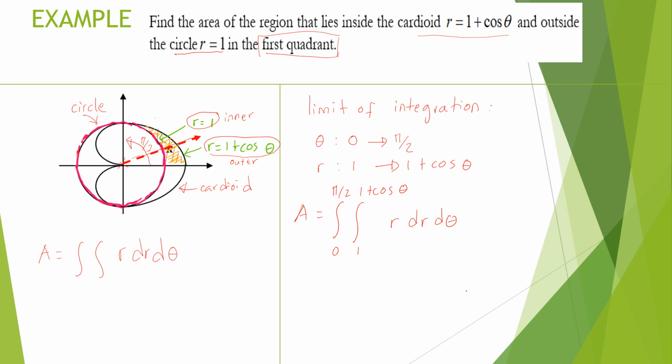Now we are going to integrate with respect to r first. Integrating r with respect to r, we get r squared over 2.